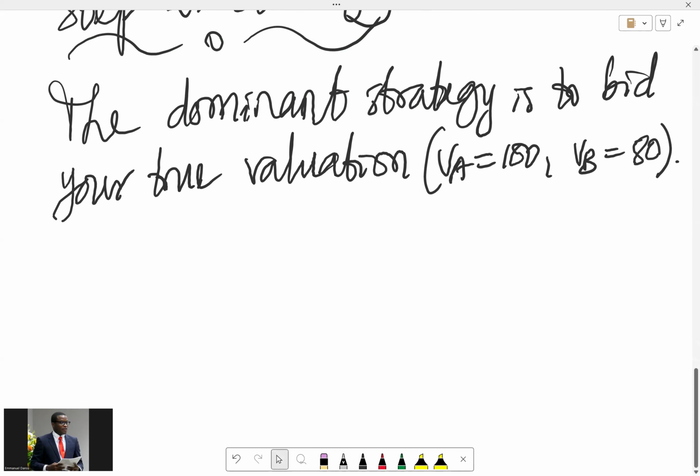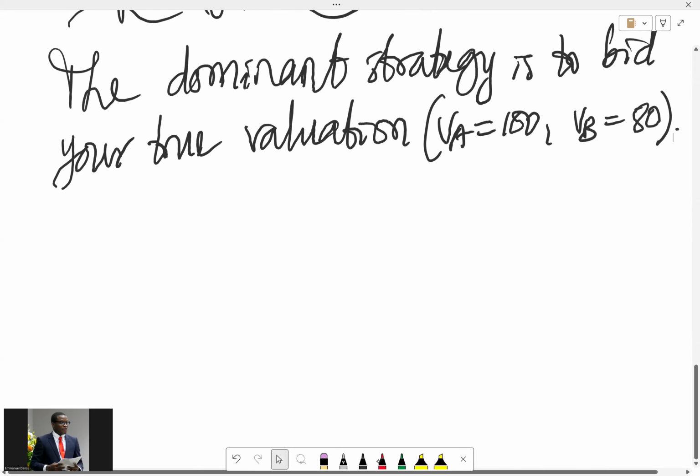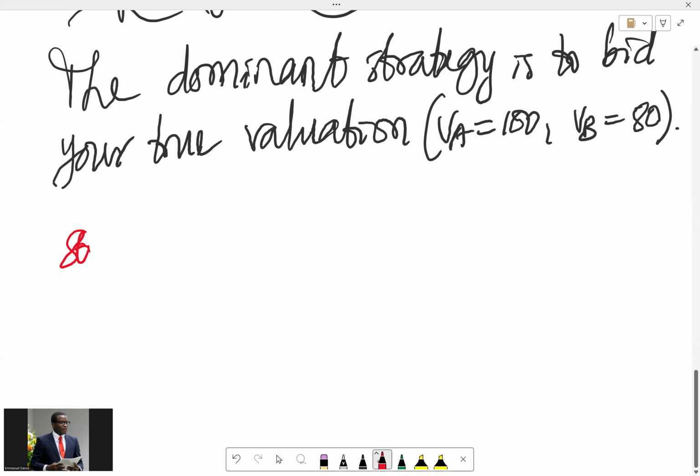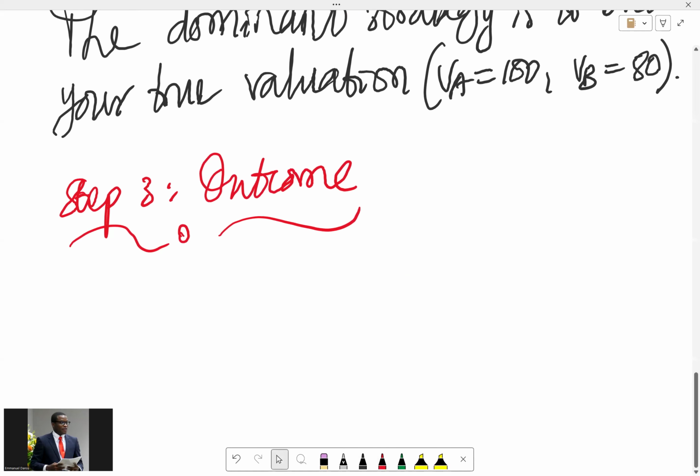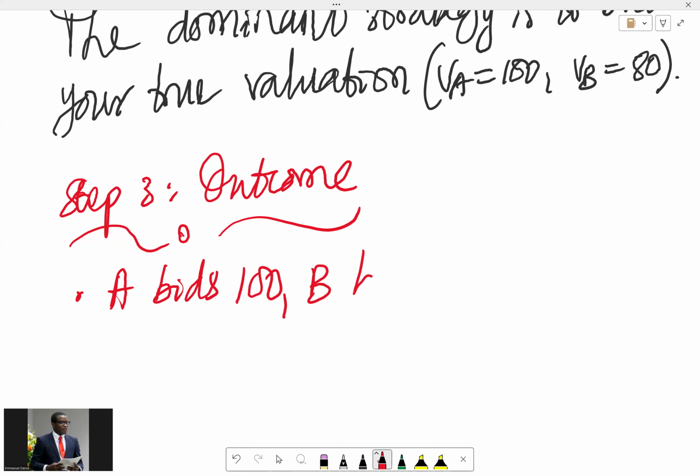After that, we talk about the outcome. That's step three. What is the outcome of this auction? Look at the steps. A bids 100, B bids 80.